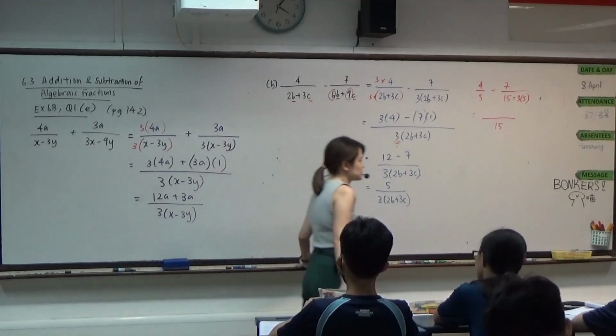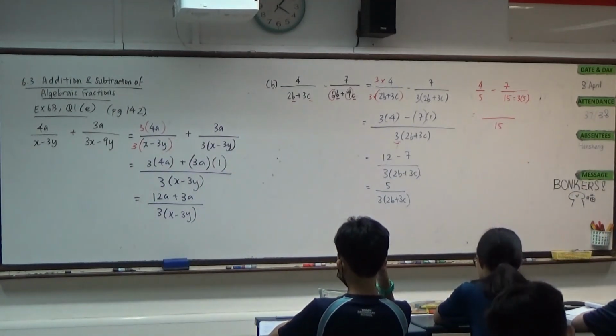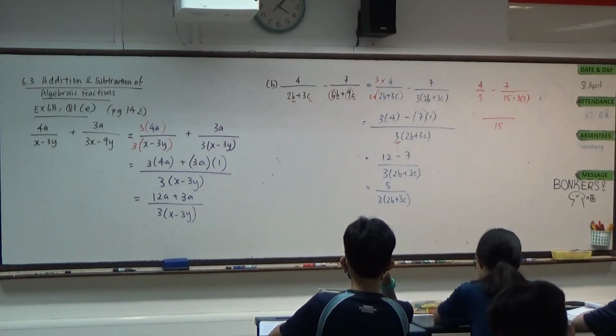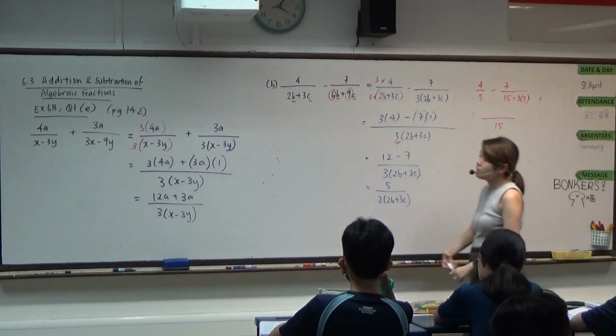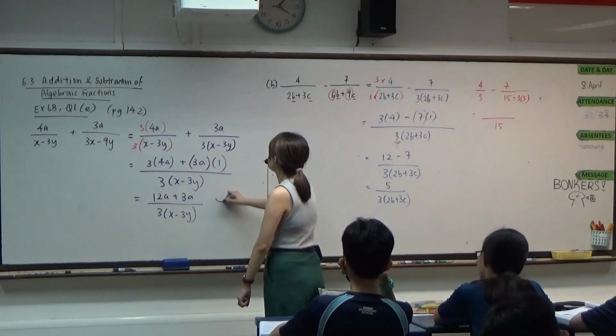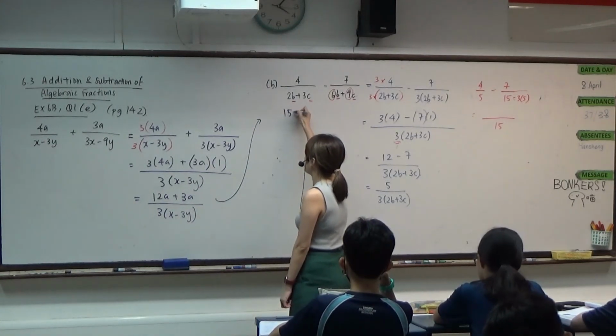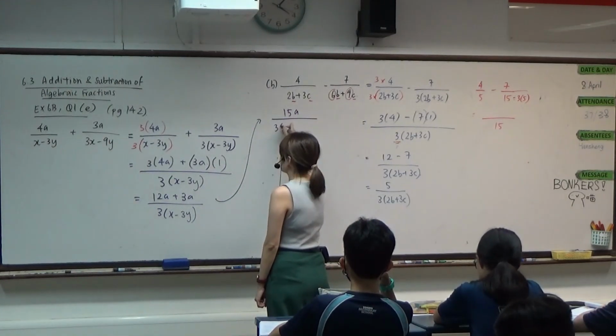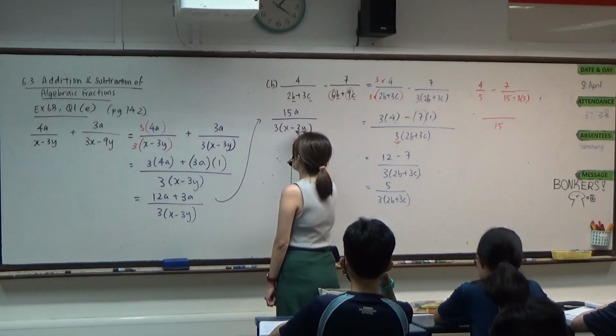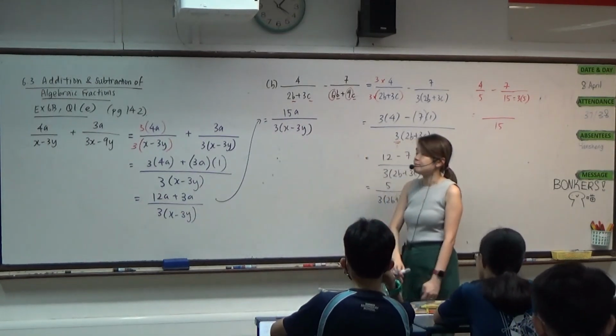Is that the final answer? No, right? Because 12a plus 3a I still can simplify. I will get 15a over 3 times (x minus 3y).